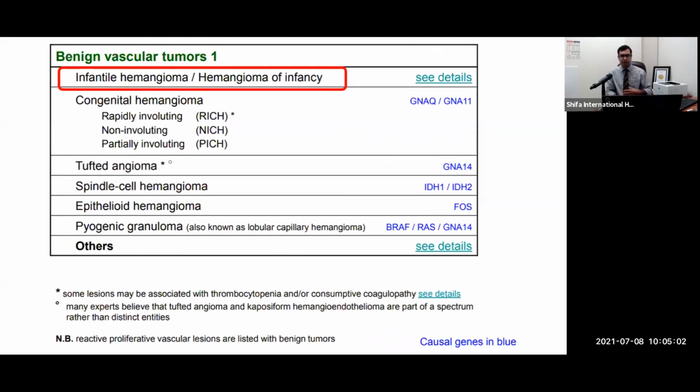So you can see the benign part have been expanded into these. First of them is infantile hemangioma or hemangioma of infancy, while others are rapidly involuting, non-involuting, and partially involuting hemangiomas. And then obviously other types, especially pyogenic granuloma we see quite often, and sometimes tufted angioma.